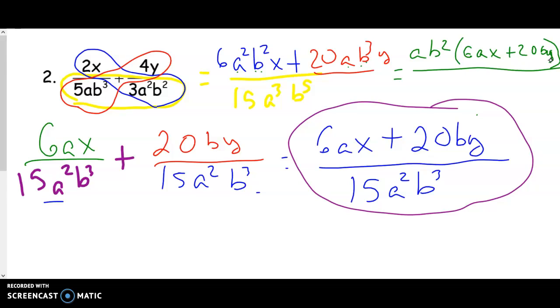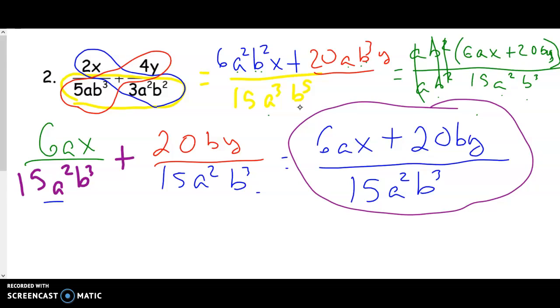On the bottom, so here that 15, that's gonna stay. You can pull an a out, you can pull a b squared out. So we'll be left with a squared, b cubed, and then these would cancel here. A times a squared is a cubed, b squared times b cubed is b to the fifth.